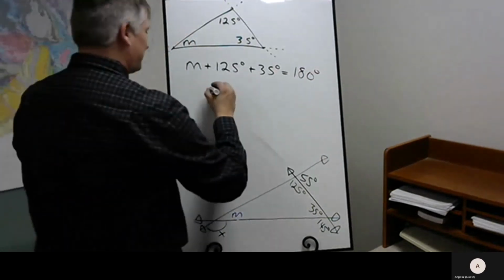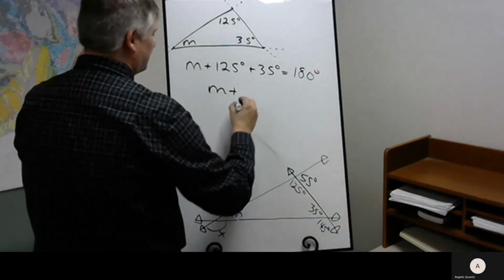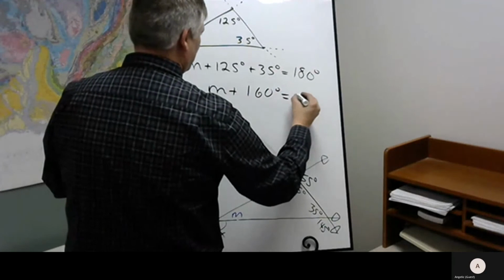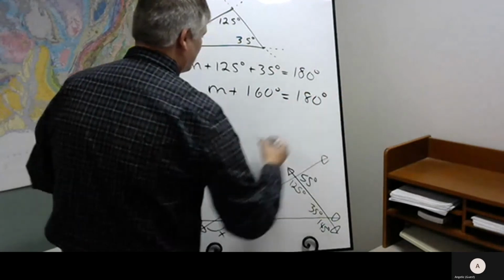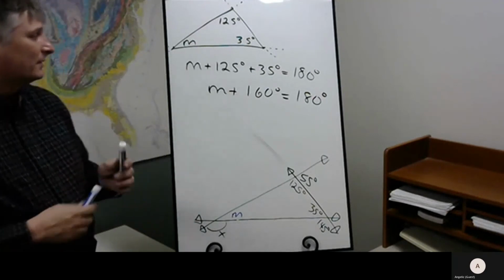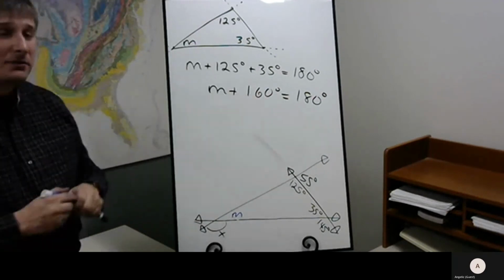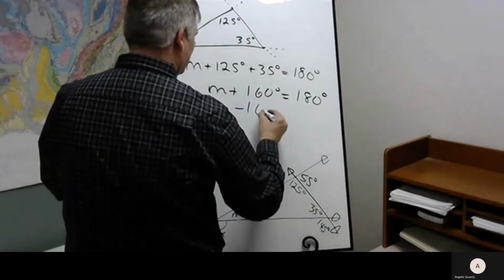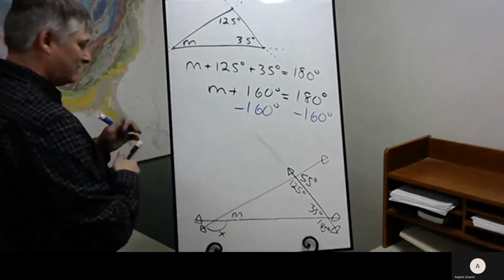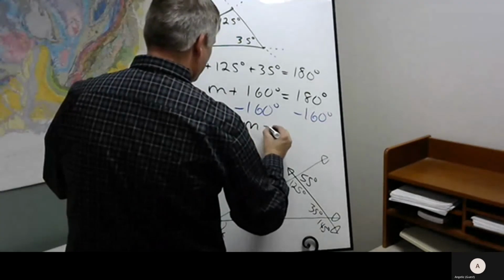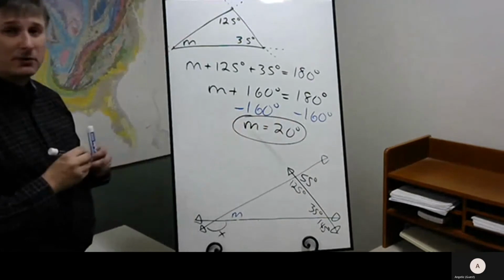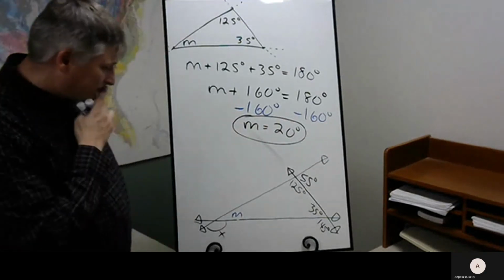Adding these two together, 125 plus 35 is 160 degrees. Now subtract this from both sides. We get m is 20 degrees. And again, that's just something we're looking for. I'm just going to circle it instead of box it.